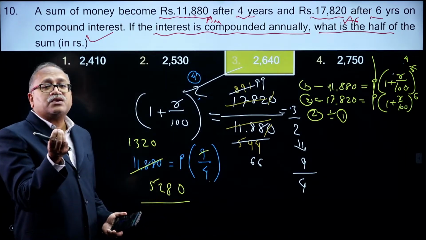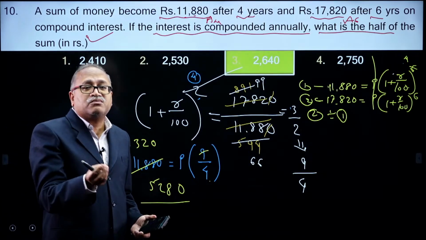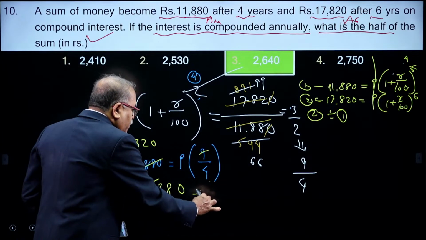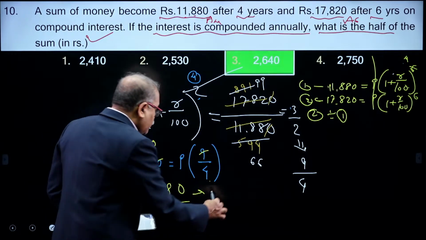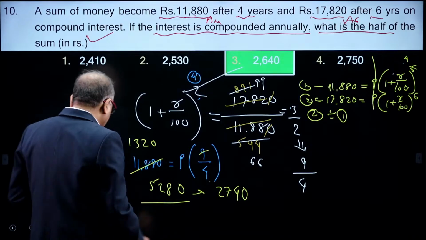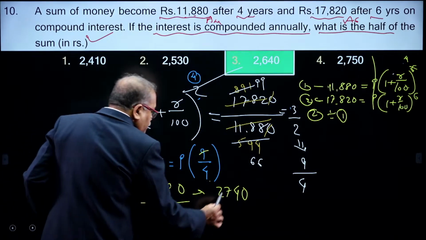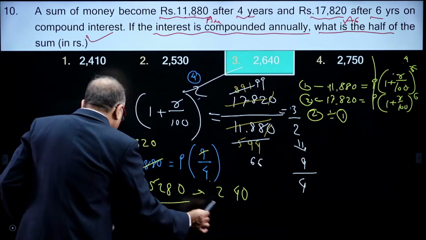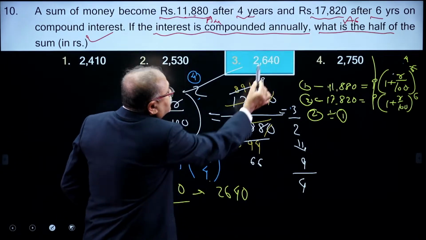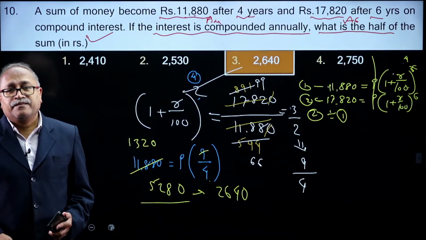See, small wording will be there at the end or middle of the question, please take care of that. What will be half of this? The half of 52 is 26, and 40, you rightly said 2640.